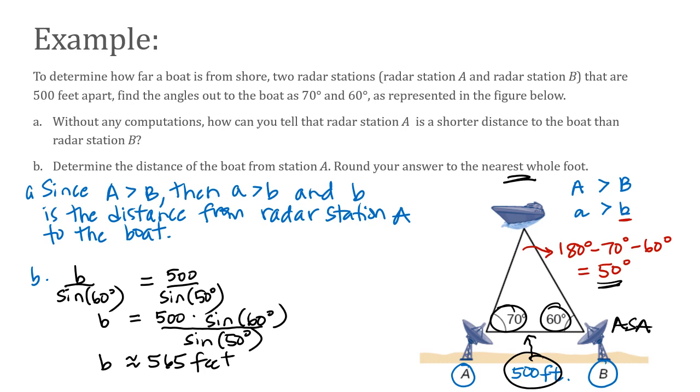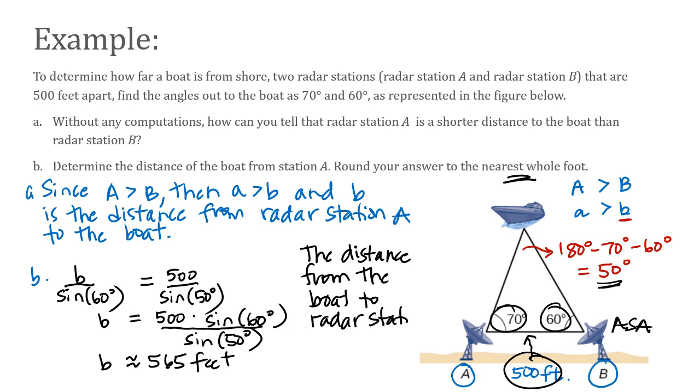So the question was determine the distance of the boat. So I'm going to say the distance from the boat to radar station A is approximately 565 feet.